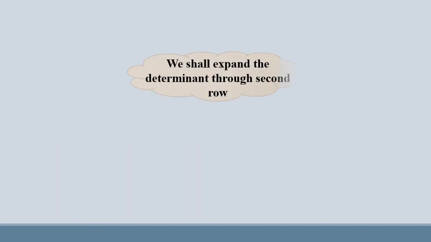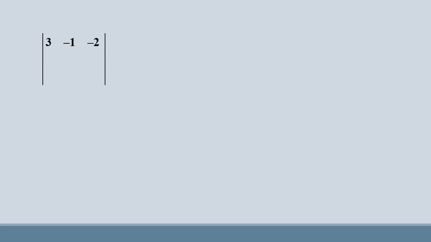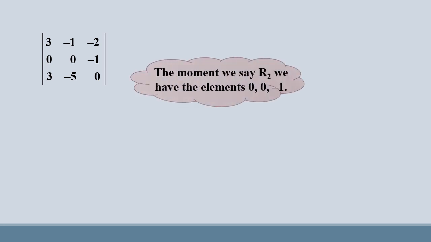We'll consider another example. The determinant with rows 3, minus 1, minus 2; 0, 0, minus 5; 3, minus 5, 0. In this case, we will expand it using R2, that is the elements 0, 0, minus 5.